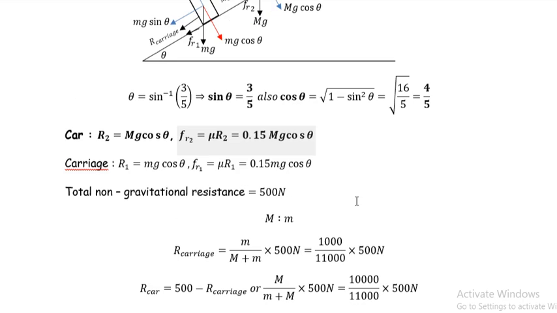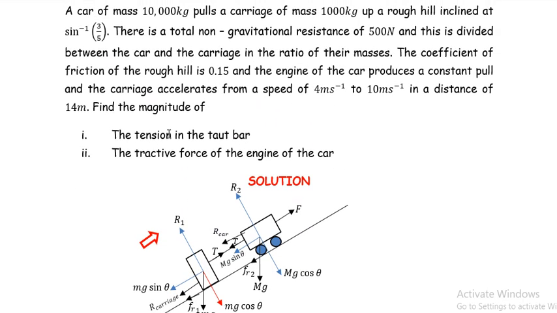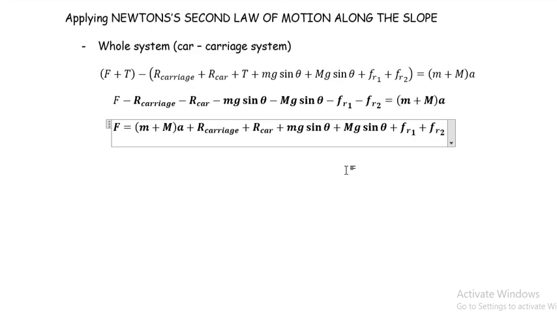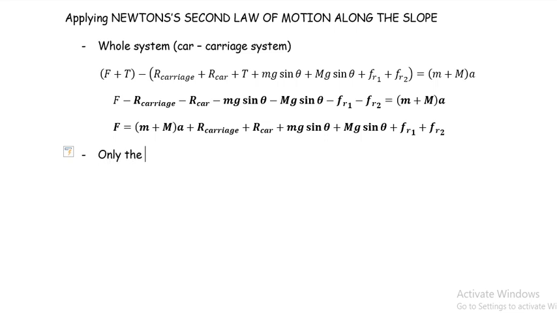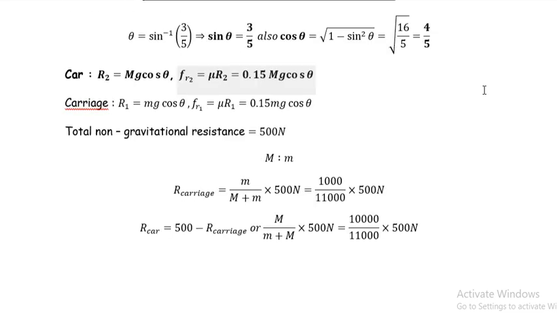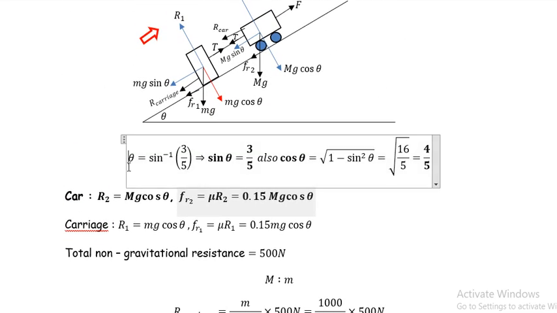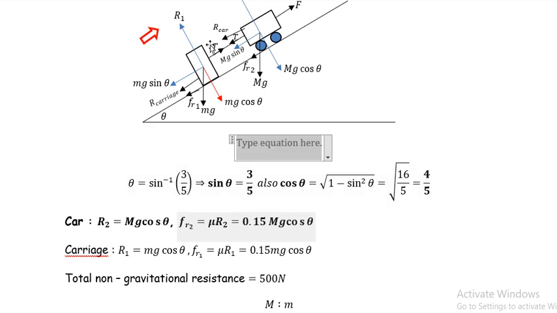Now the second thing we have to do is find the tension in the tow bar. For us to find the tension in the tow bar, we are going to consider only the carriage. If I consider only the carriage, we are also going to apply Newton's second law of motion along the inclined slope just for the carriage. Now just for the carriage, the force that is pulling it up is actually T. That is the only force taking it up.